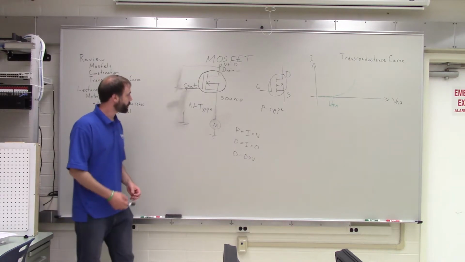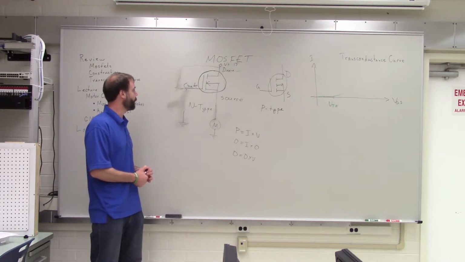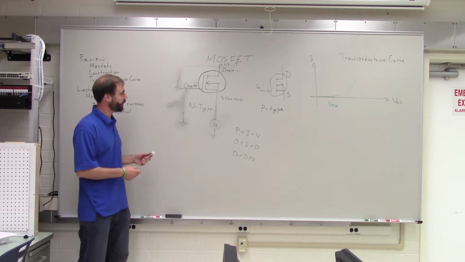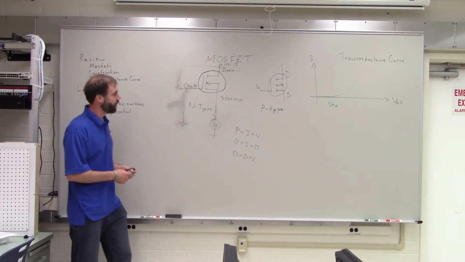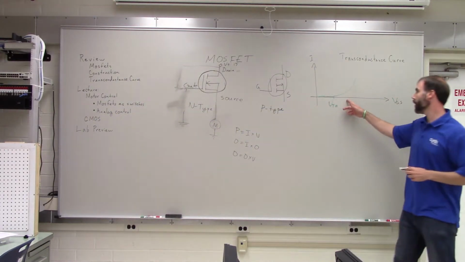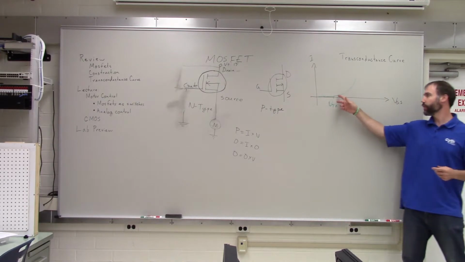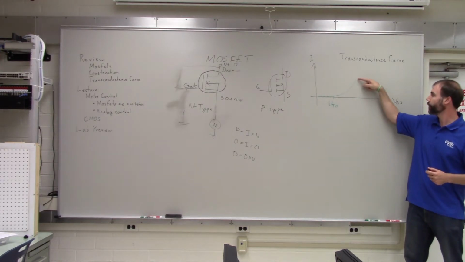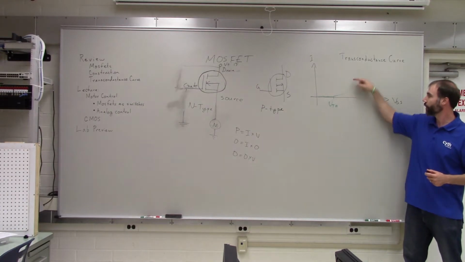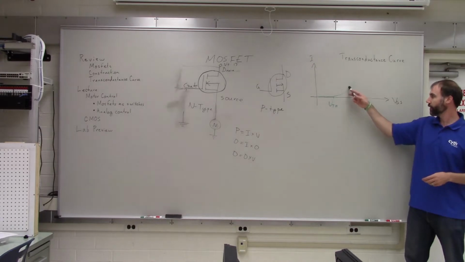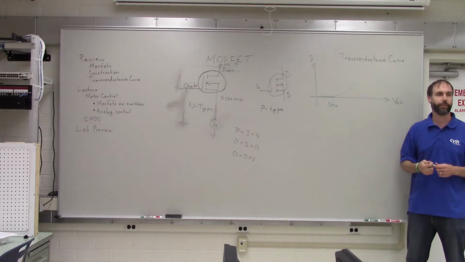So there's a couple of ways that we could do this. The first thing that comes to mind is that we could use this middle part of the curve. So if we wanted to get half the total current, we could apply this much voltage and get about half of the current that way, right?